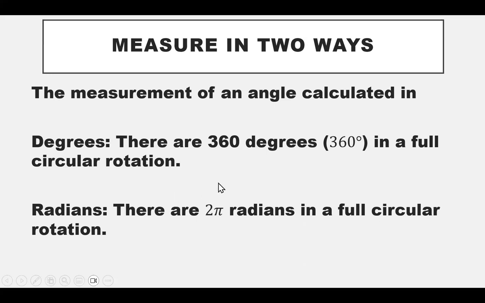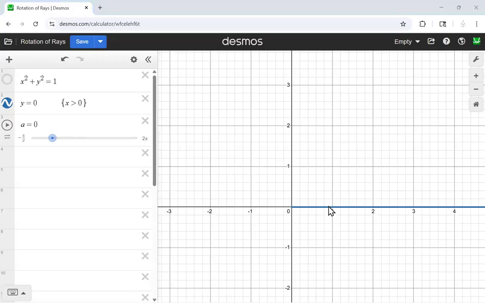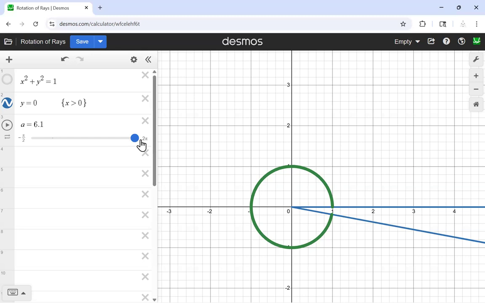Let me explain what I mean by full circular rotation. So what I've done is I've graphed two rays on Desmos. Now, standard starting position we'll see on the next slide is the ray going out from the origin along the x-axis. If I want to do a full circular rotation, what I do is I take the other ray and I start to rotate that all the way around until I get all the way around one full circle.